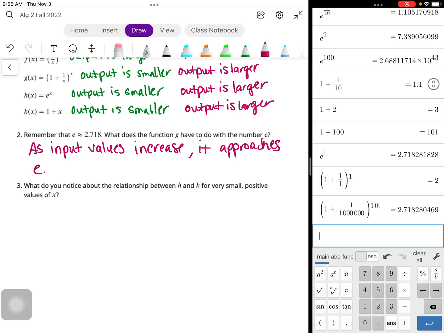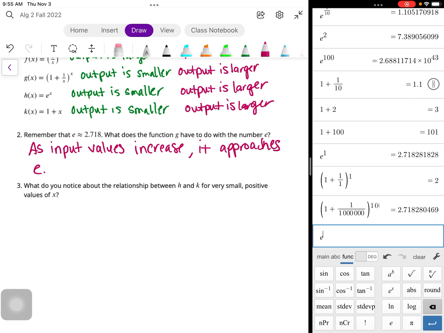And so very small values are going to be close to 1, and very large values are going to be very close to x. So small positive values of x for both of those two are going to be pretty close to the same.